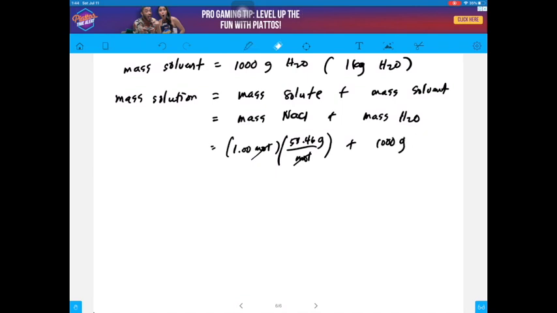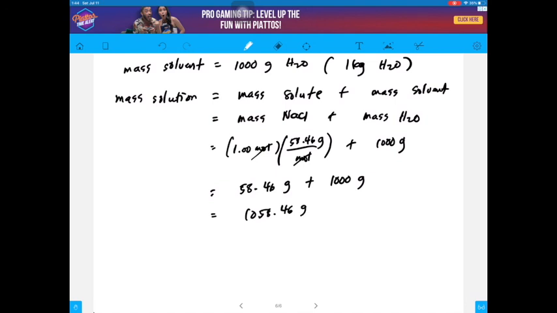So overall we have 58.46 grams plus 1000 grams, and we have 1058.46 grams as the total mass of the solution.